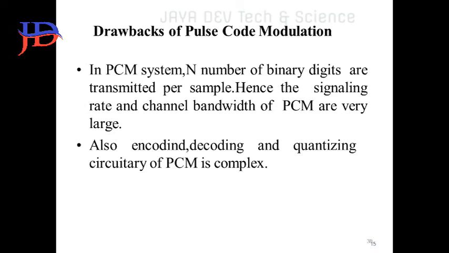So a number of channels we can give in the particular bandwidth, then these channels may overlap one by one, may or may not. That's why this is a drawback of pulse code modulation. And also the encoding, decoding and quantizing circuitry of PCM is complex. These are the two drawbacks of pulse code modulation.